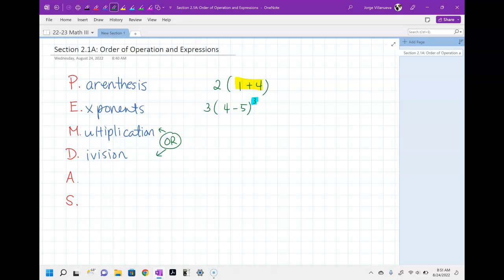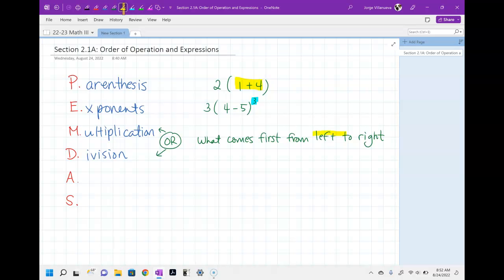So let me put that right here. What comes first from left to right. Okay, whatever comes first from left to right. So that's really important that you guys note that, okay?